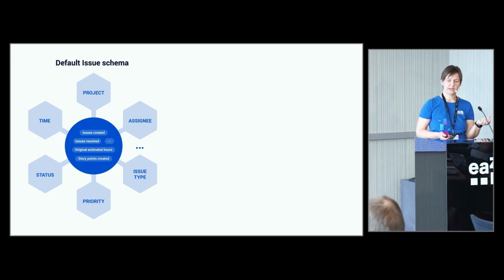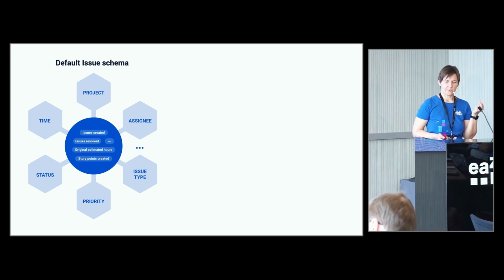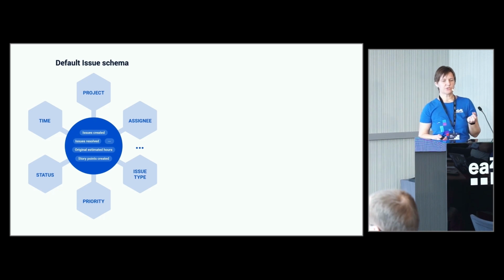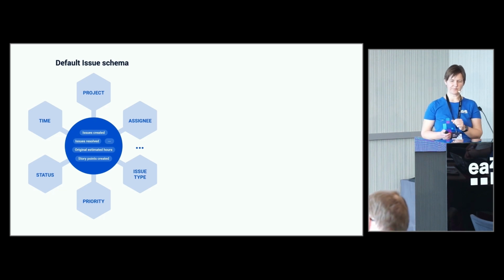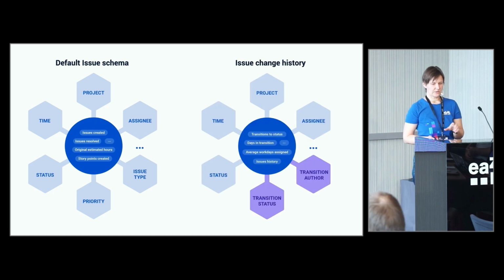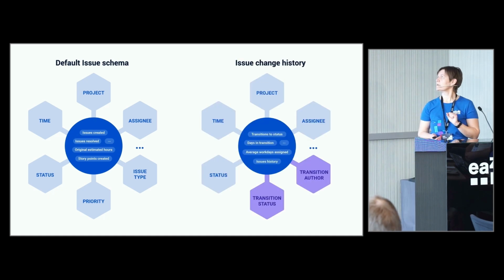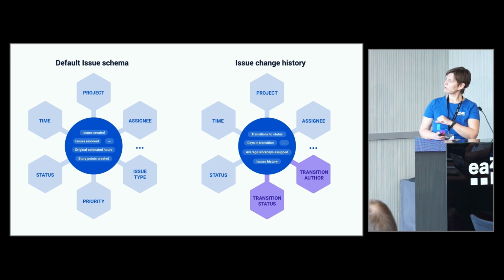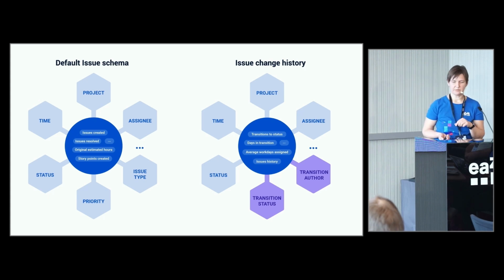When we import data, there is the default issue schema that contains the core measures and core dimensions that show the current values of the issue and main events. When we import change history, a new table and new schema are created that link to the core dimensions and also have some specific new dimensions, which are purple here.